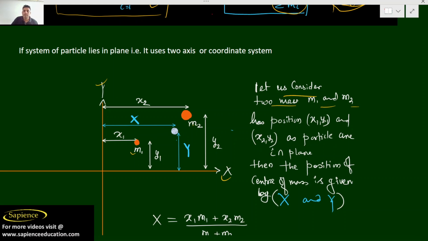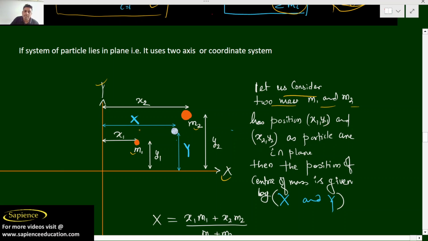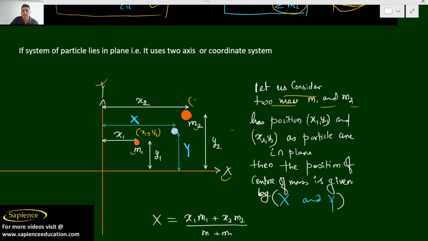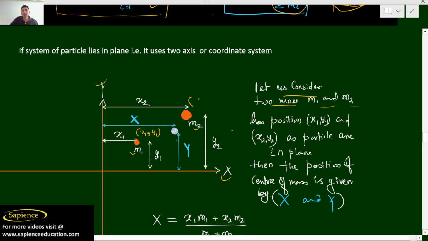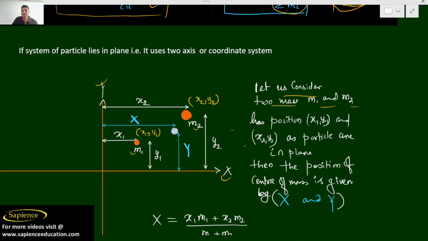Here m1 has a position x1 as well as y1. This is your x1 position, this is your y1 position, and this m2 has a position of x2 as well as y2.